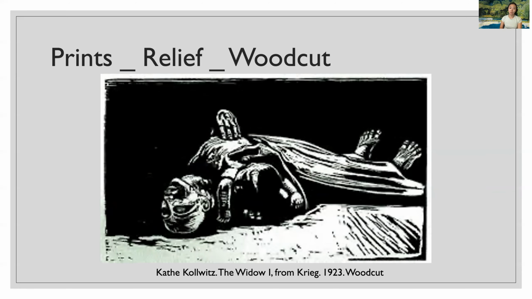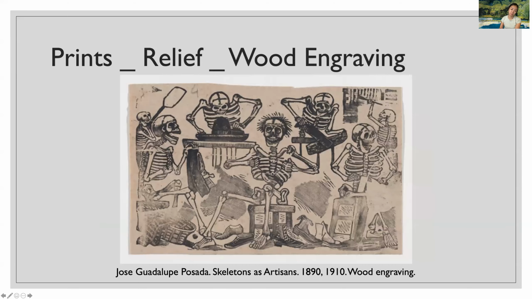So this one is woodcut relief printing. As you can see, the image area and the image outline were carved away, and the rest of the area is printed with ink. And this is wood engraving. Except for the image outline, the remaining parts are carved away, so the outlines are printed by ink.